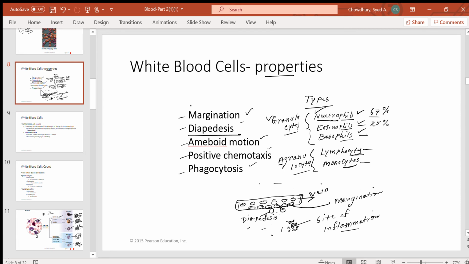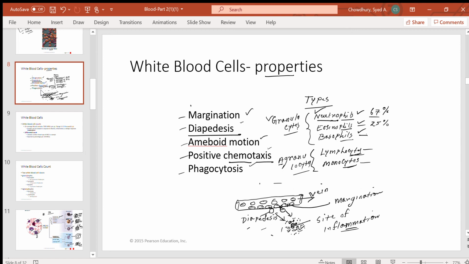And then, when inflammation occurs in the tissue, in this area, the tissue secretes some chemicals, and these chemicals attract the white blood cells towards the site of inflammation, and this is called positive chemotaxis, chemical attraction.